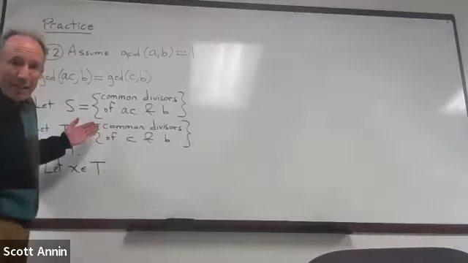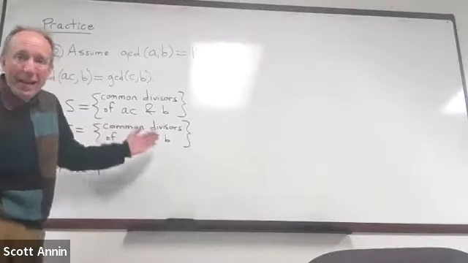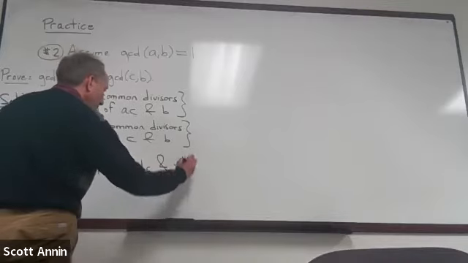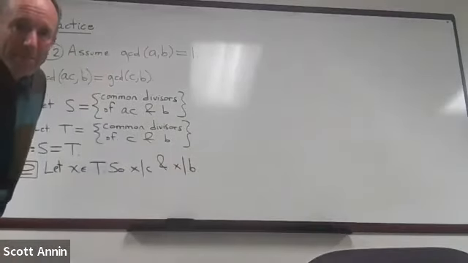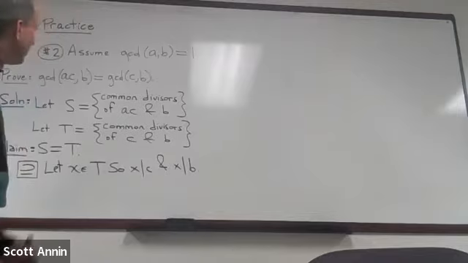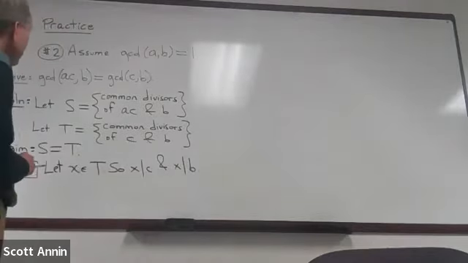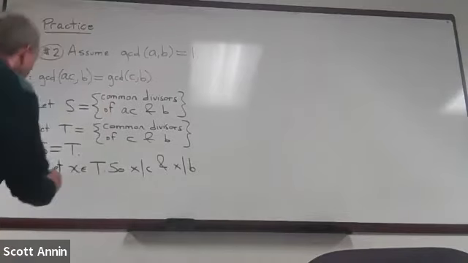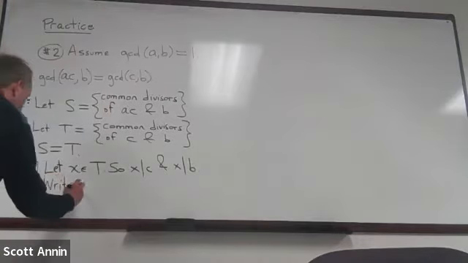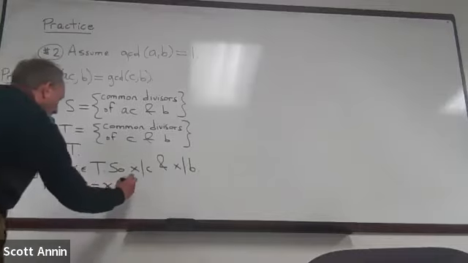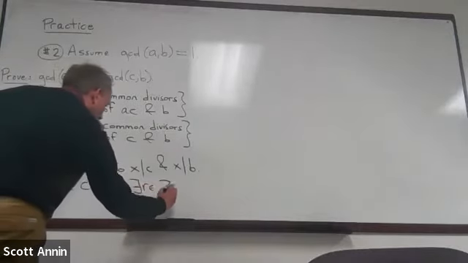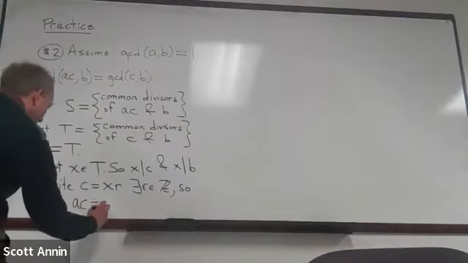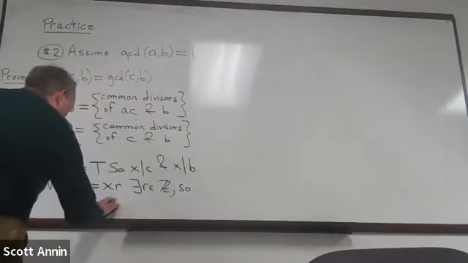This means, of course, that X is a divisor of both C and B. So X divides C and X divides B. Well, if X divides C and X divides B, I would like to show that X also divides AC. Well, we can write C as X times R for some integer R. And so now I can multiply through by A. This is kind of the trick that you would want to use here.